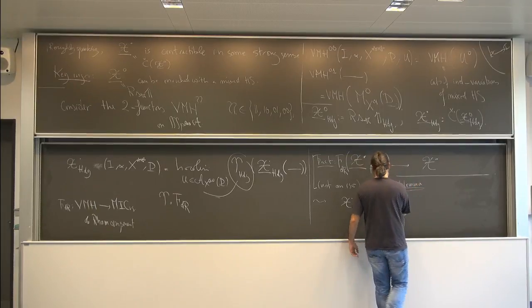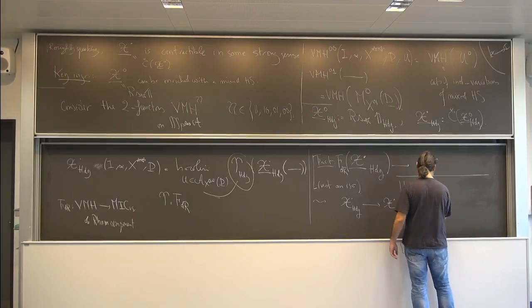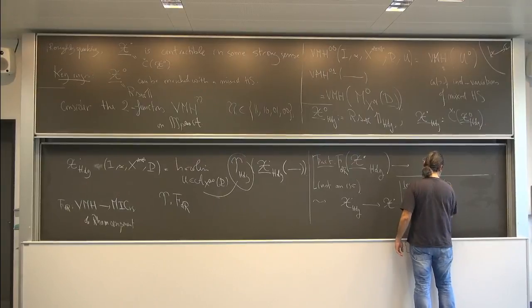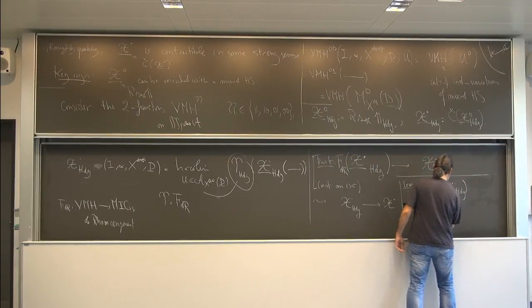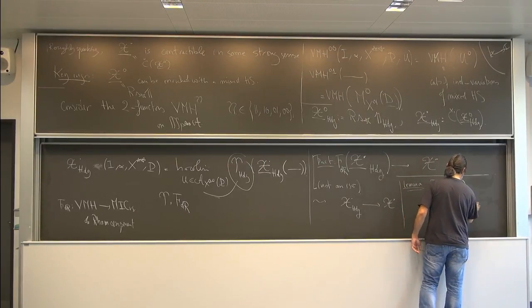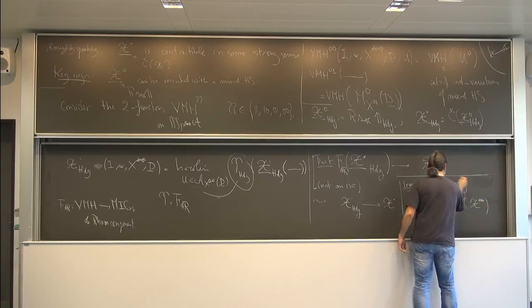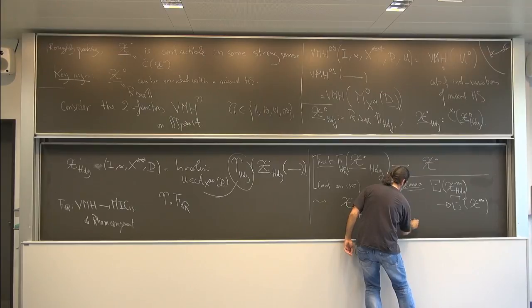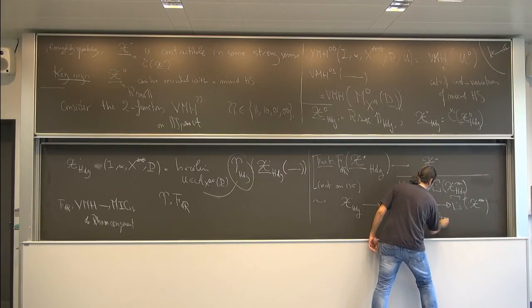So this is not an isomorphism, but it's as good as an isomorphism. Namely, if you look at the map induced on Godement complexes, it's in each degree an HH local equivalence.